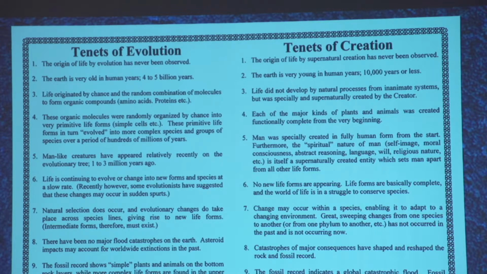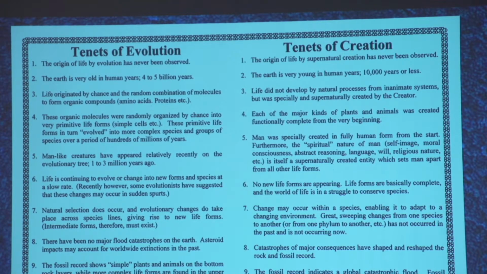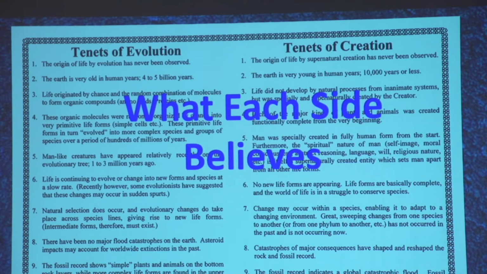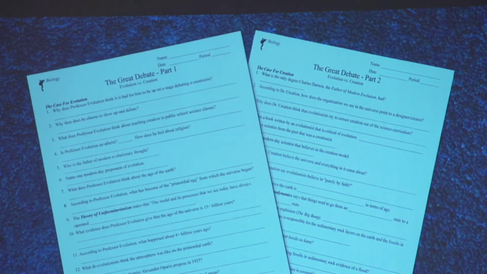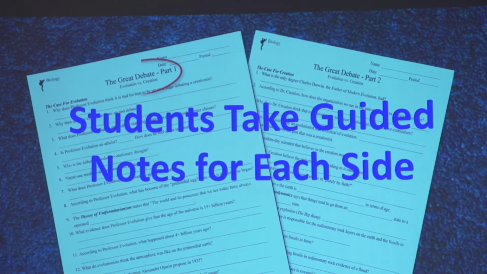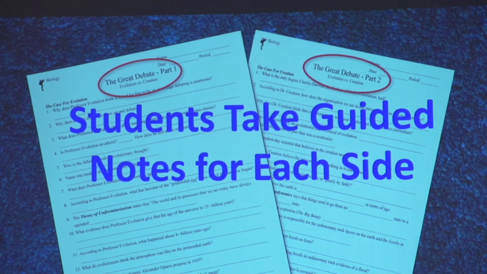And when we made this video, this would go along with the video. And this is exactly what each side believes. We would do the first video, 25 minutes, on the great debate, and that's what the evolutionist says.